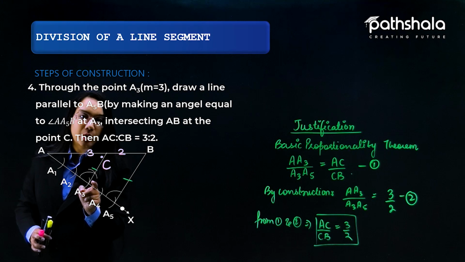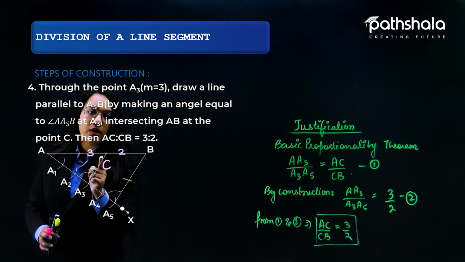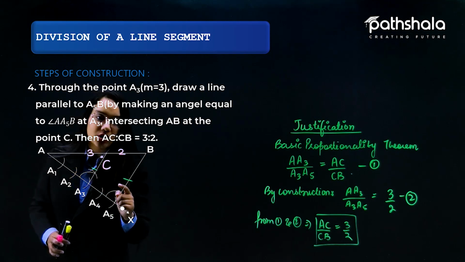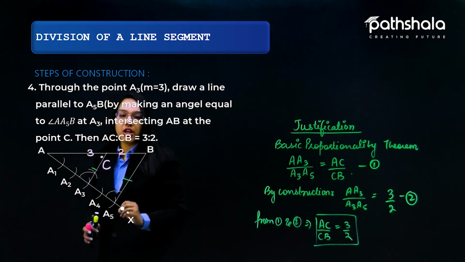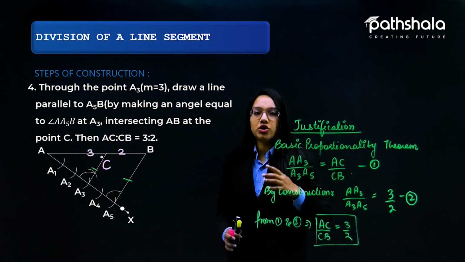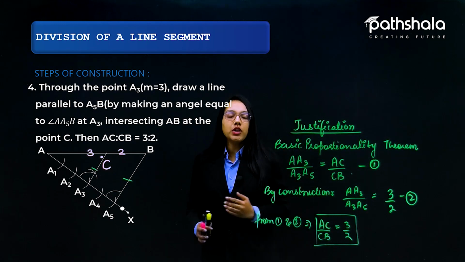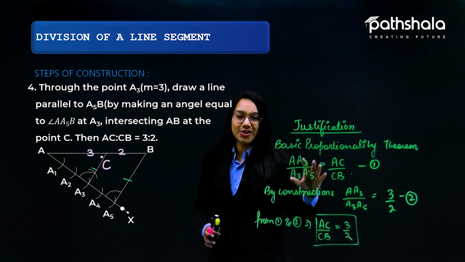Wherever this arc intersects this one, we have to draw a line which will come exactly parallel to this line, that is BA5, and wherever it cuts the line segment, that would definitely divide it into the ratio 3:2. So this is all about our construction number 1. I hope all the steps related to this are clear to you along with its justification.